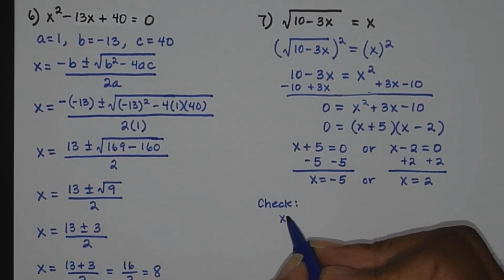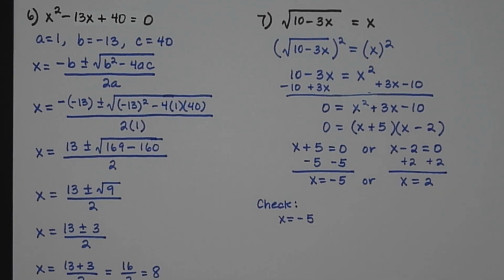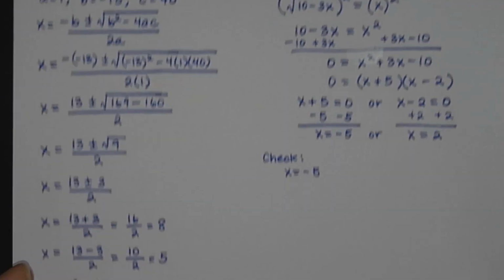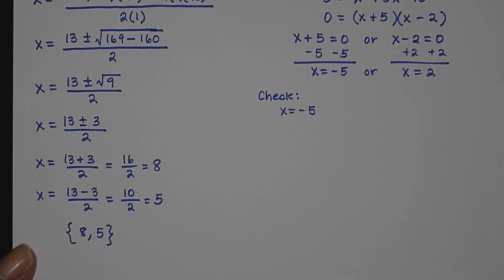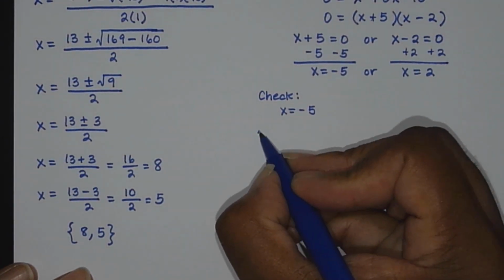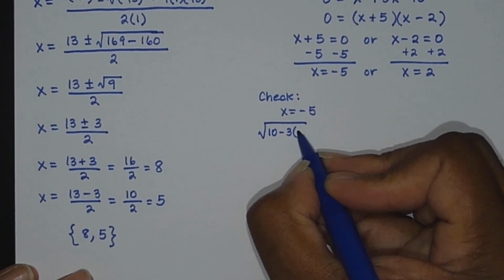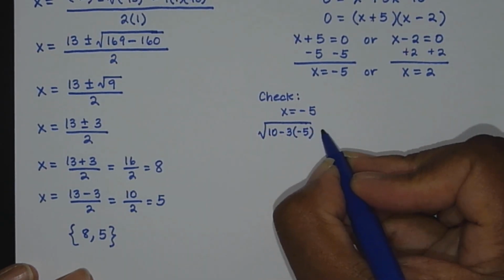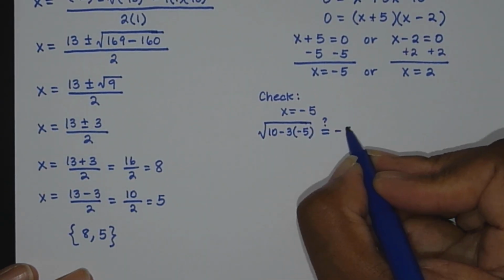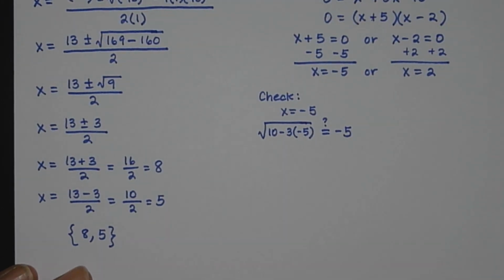And I'm going to start with x equal negative 5. And using the original equation, I'm going to replace each x with negative 5. So I have the square root of 10 minus 3 times negative 5. I want to know if that's going to be equal to x, which is negative 5.